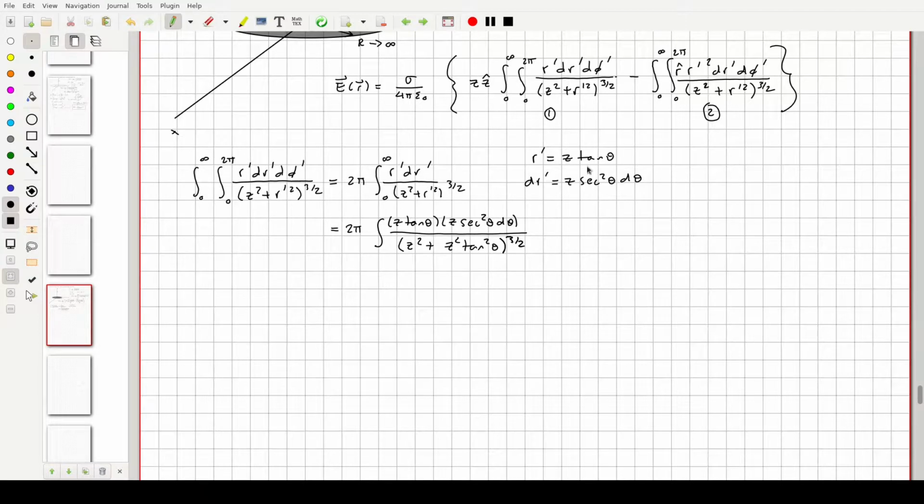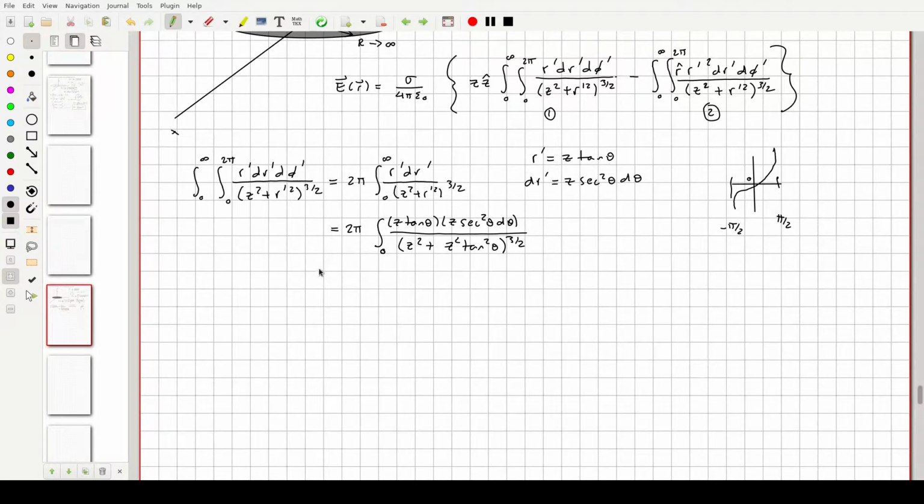Now, our limits here, if you take and you put in r is equal to 0, if you think about, again, the way that tangent looks, it looks like that, where this is at minus pi over 2. This infinity right here is at pi over 2, and it passes through the origin. So when r is equal to 0, theta is equal to 0. Okay?